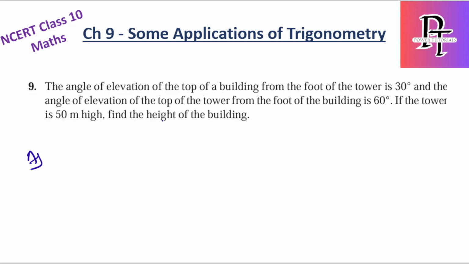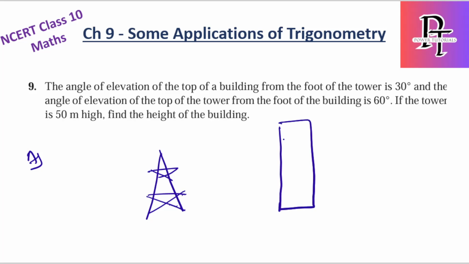So let's suppose that this is the tower. Let's write it in terms of symbols. So this is the tower we have, and we have a building here. It can be vice versa also.